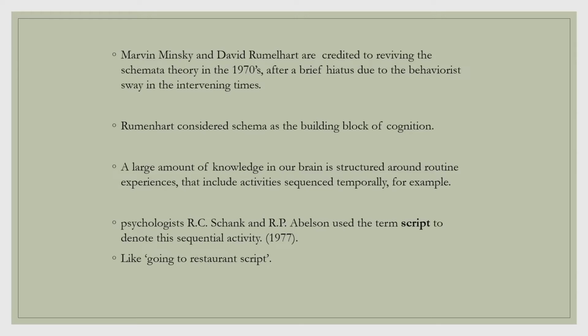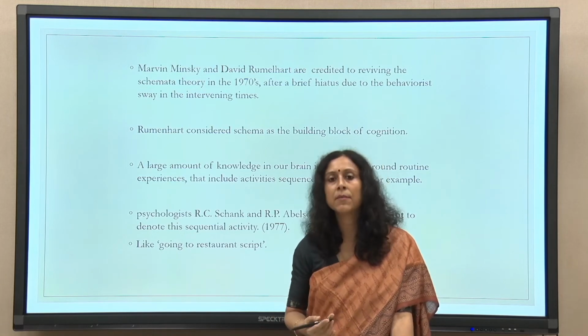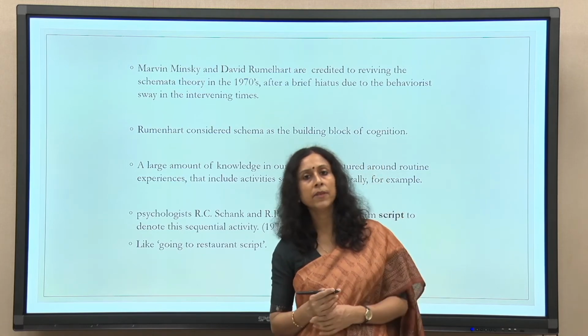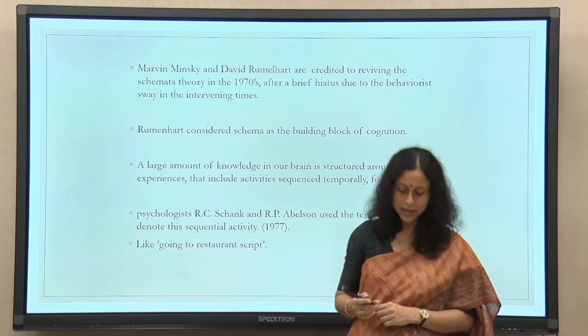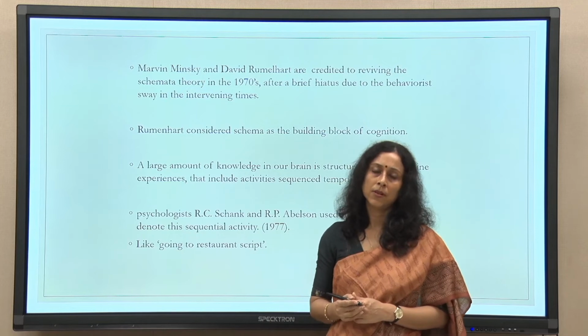And then after the 1930s, as we have discussed before, behaviorism was the most powerful theoretical position at that time, as a result of which schema theories did not find favor with behaviorism, and gradually after a period of time this was fading away.